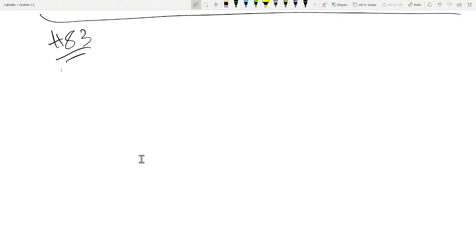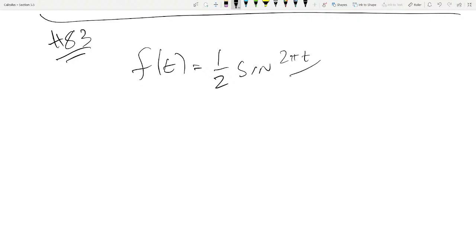This explains in part why the function f of t equals 1/2 sine of 2 pi t over 5. The divide by 5 is the 5 seconds. And the 0.5 liters is the maximum. That's when sine is 1, so that would give f of t is 1/2 when sine is 1. That's what they're describing in the first part.